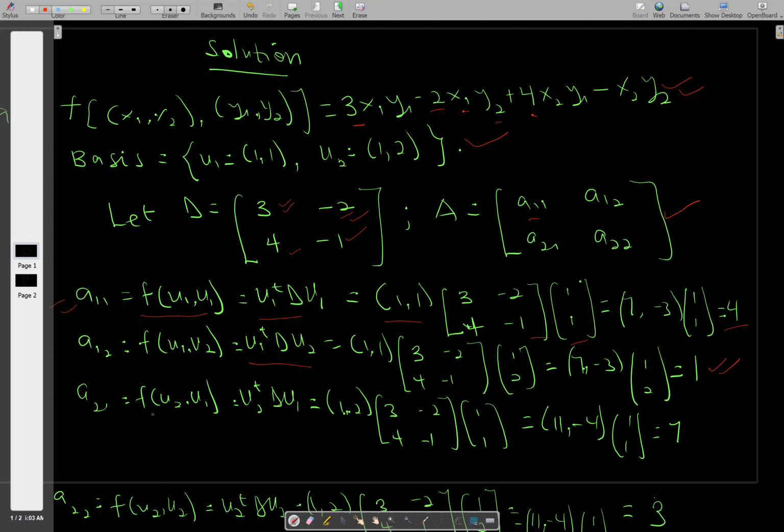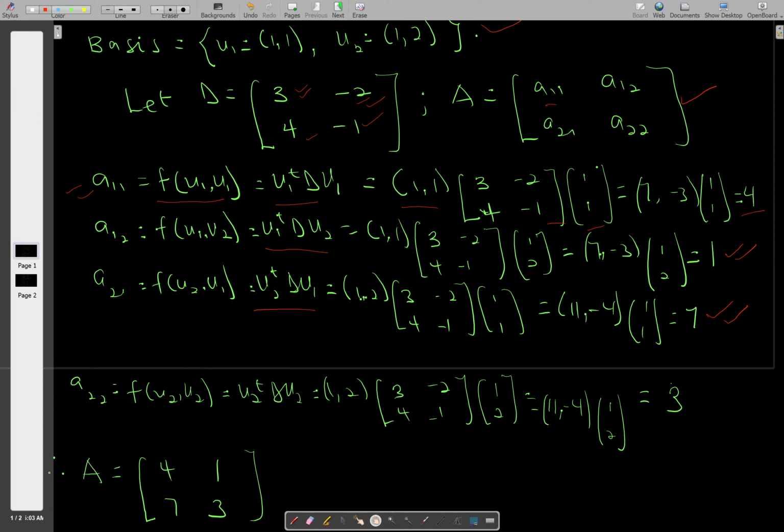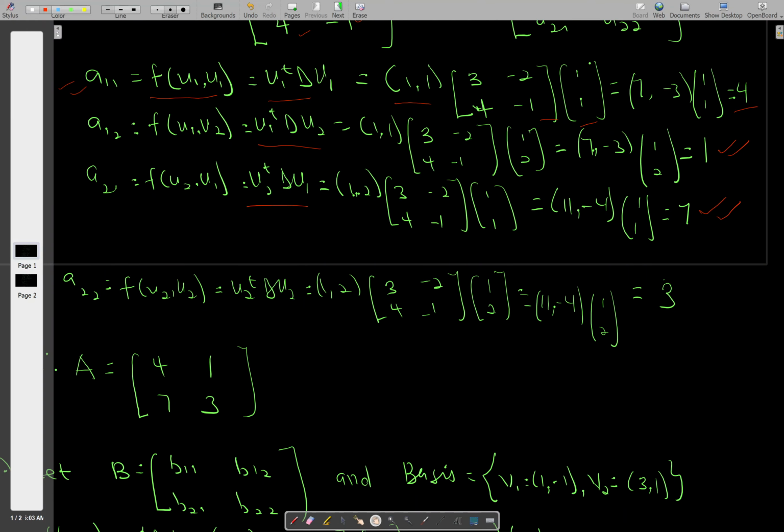The same thing applies to A21, that's u2 transpose D u1. When you solve, you get 7. Then A22, that's u2 transpose D u2, when you solve this, you get positive 3. So now A11 is 4, A12 is 1, A21 is 7, A22 is 3. So we can generate our matrix A: 4, 1, 7, 3.